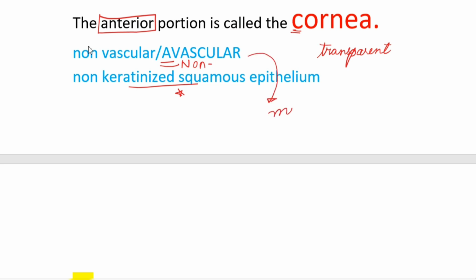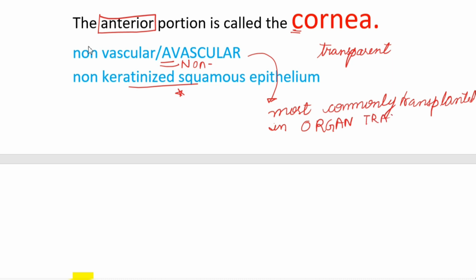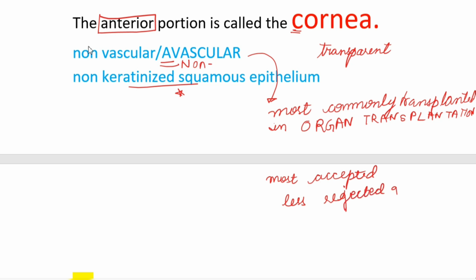Since cornea is avascular, cornea is the most commonly transplanted part of the human body, and it is the most accepted graft or transplant. So here you can expect two questions: one, which is the most commonly transplanted body part, and the second, the reasoning why it is the most accepted graft used for transplantation.